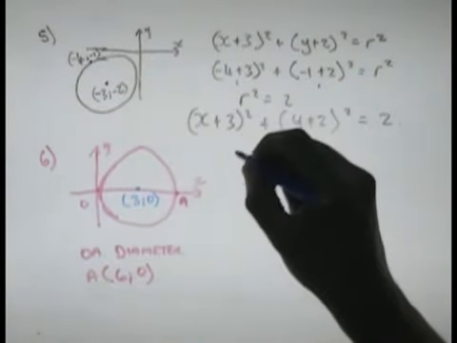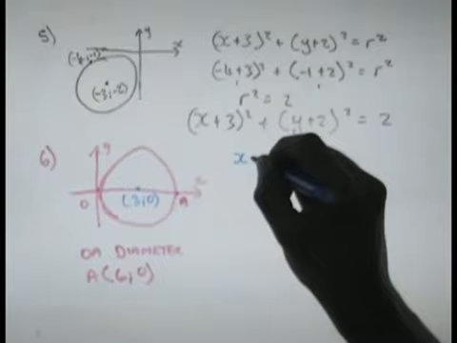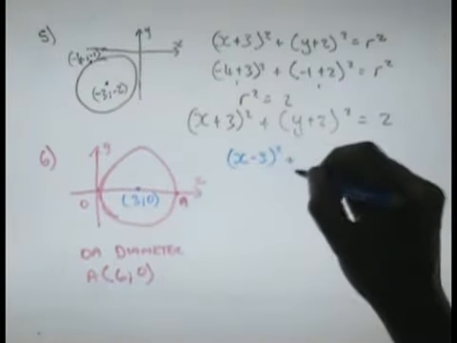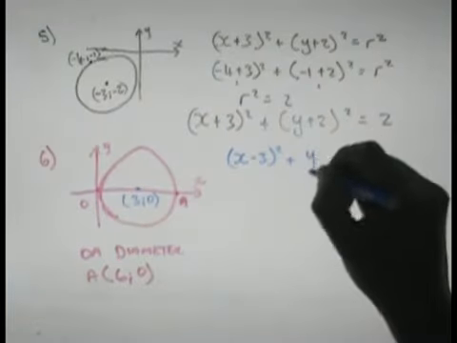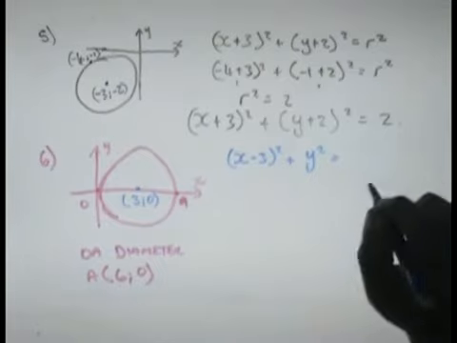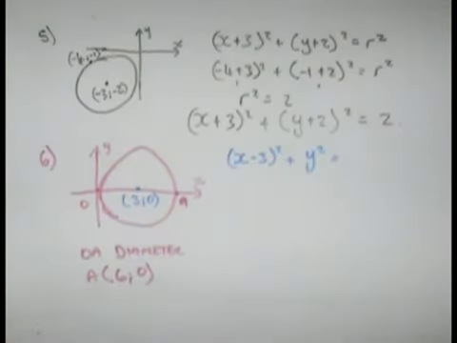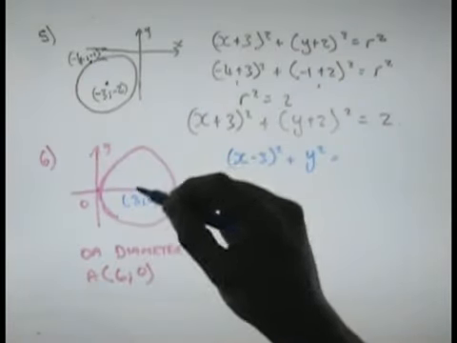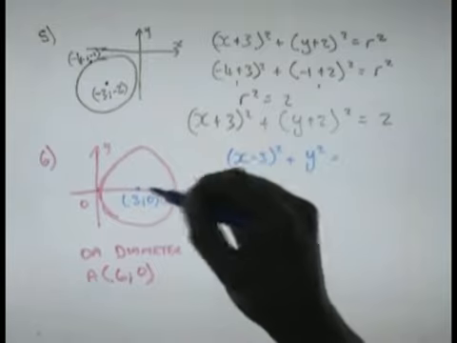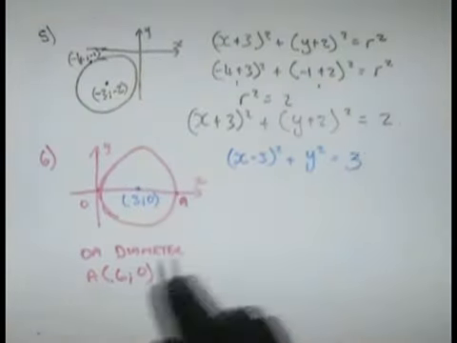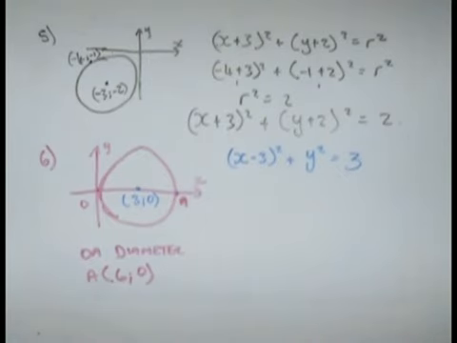That means that our equation will now read x minus 3 squared plus y minus 0 squared, which is just y squared, is equal to r squared. But in this case I don't need to work out r squared. Think about this. There to there is how many units? If that was 6, that will have to be 3. And that's the equation of that circle from inspection.